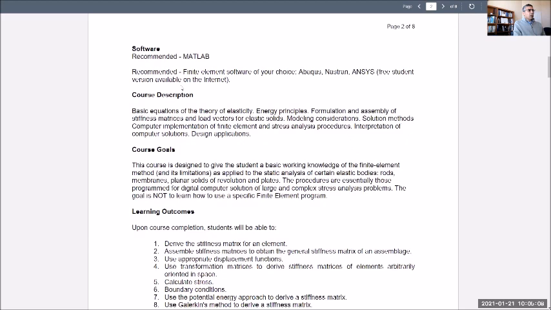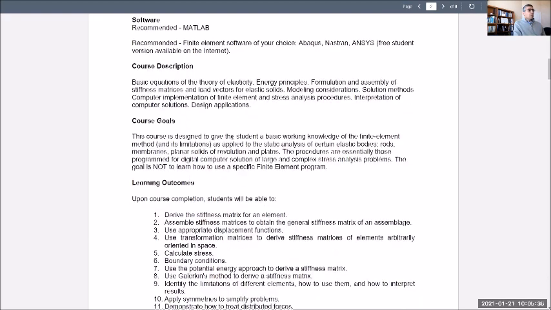With this, I would like to go over the course description. Basic equations of the theory of elasticity. So we're going to be working with elastic structures, energy principles, formulation and assembly of stiffness matrices and load vectors for elastic solids, modeling considerations, solution methods, computer implementation of the finite element and stress analysis procedure, interpretation of computer solutions, and design applications.